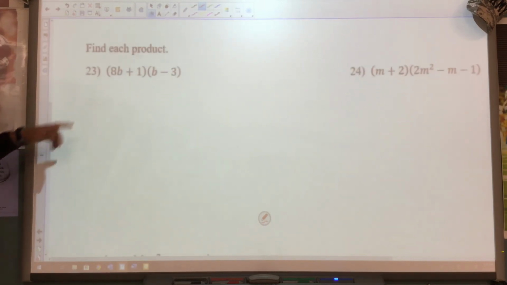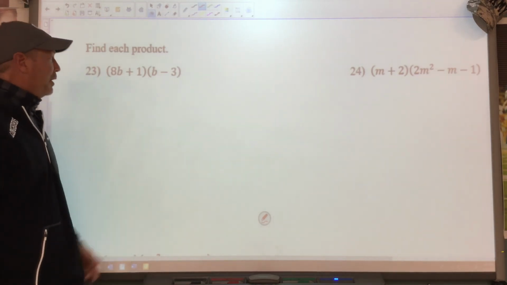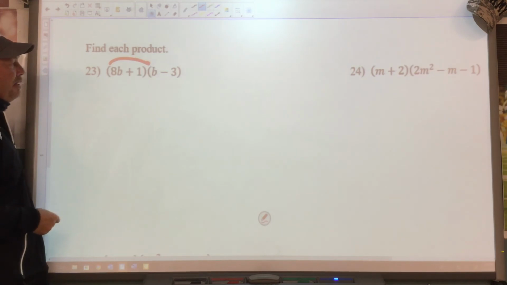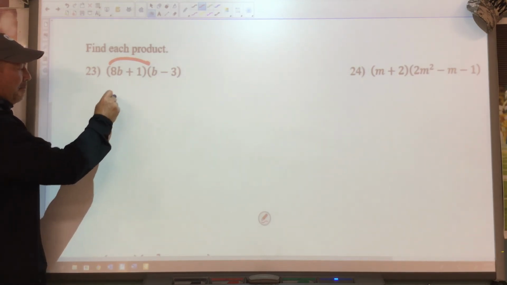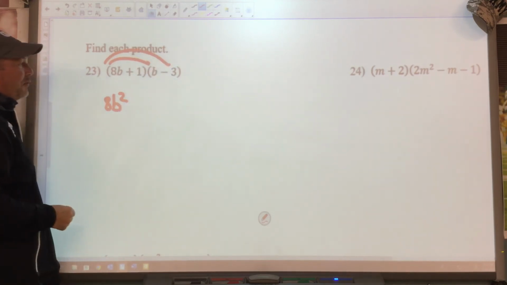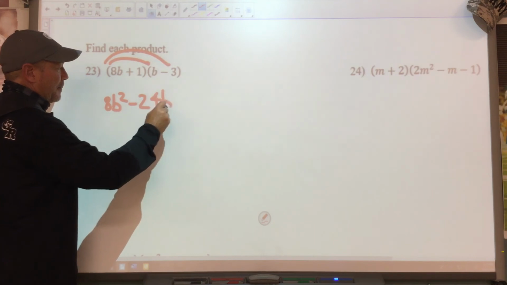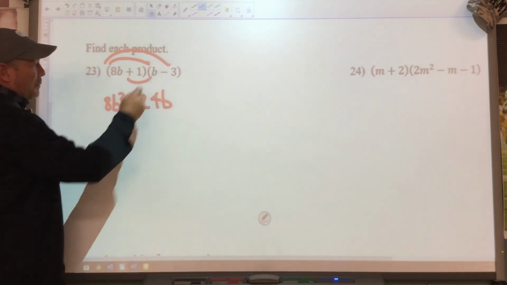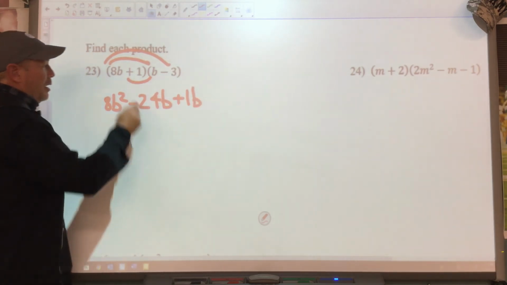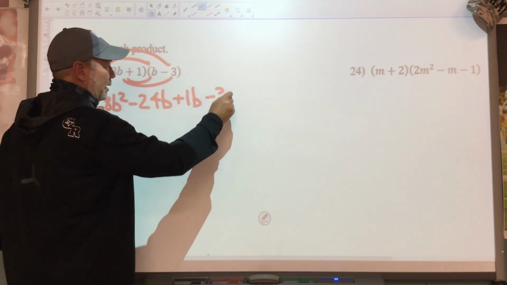Number 23, they're going to ask us to find the product. We've already done this, not that big of a deal. We're going to say that 8b times b is 8b squared. 8b times a negative 3 is negative 24b. 1 times b is a positive 1b. 1 times negative 3 is a negative 3.